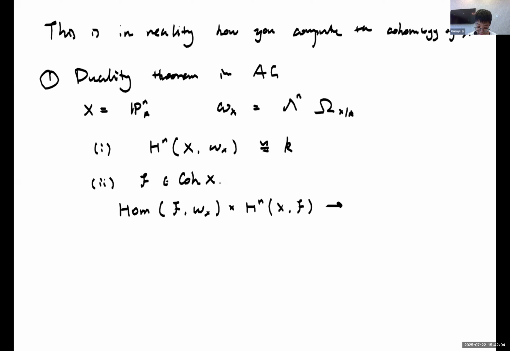Then we see that there are two things. This F and this F are going to be cancelled, and canceling this gives the cohomology of X with respect to the dualizing sheaf omega sub X, and we know that after taking one isomorphism from the first part, it's the field itself. Now, this one is a perfect pairing.